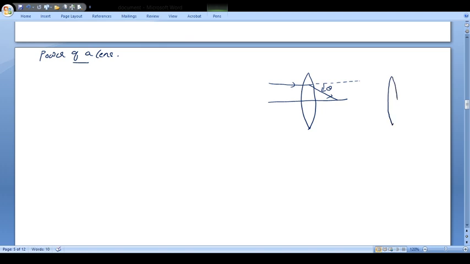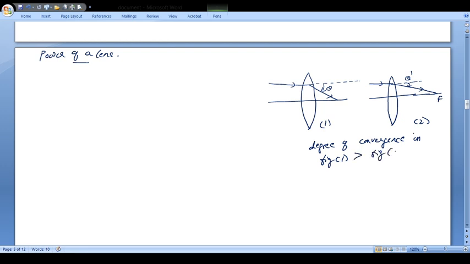I am drawing the same figure here. And let us suppose this is a ray, it would have gone straight, and now it has got deviated like this. And this angle is theta dash. Now see here, in both the cases you find that your ray has got converged, but the degree of convergence, say this is figure 1 and this is figure 2, in figure 1 is greater than figure 2 because this angle theta is greater than theta dash.